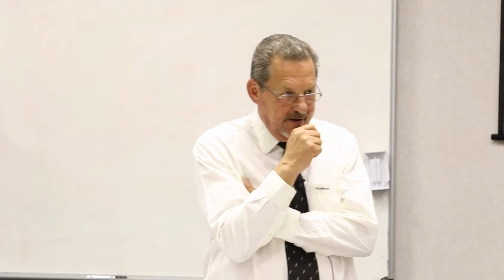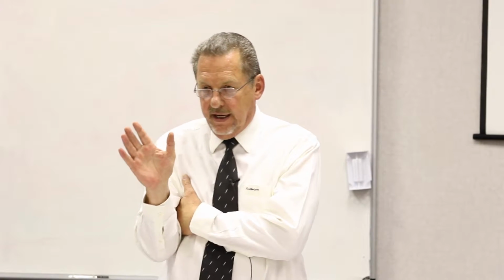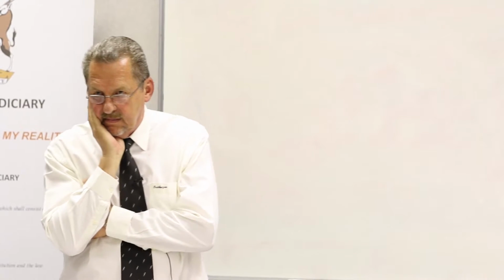And if you ask that question in court, the legal practitioner 70% of the times raises and says, but they are married in community of property. So what? So what?